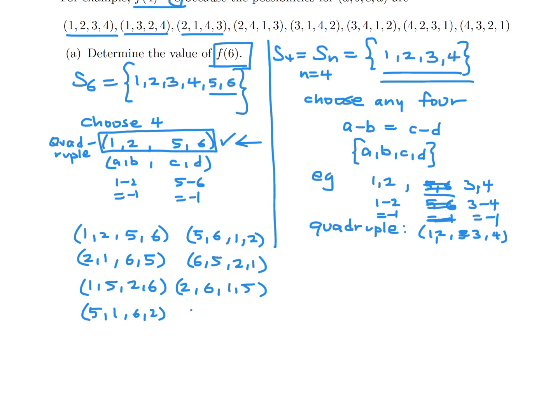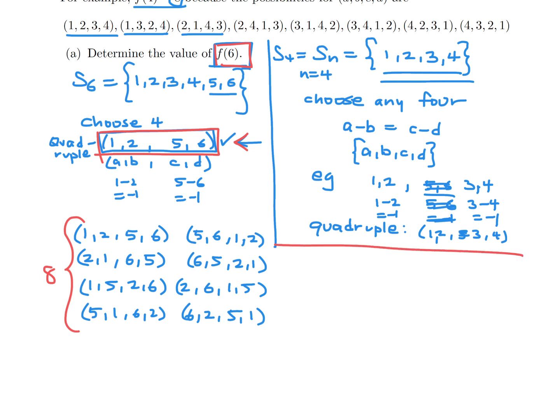And finally, 6, 2, 5, 1. So as you can see, for each original that I created, I can make 8 arrangements. So what we'll do with that is figure out how many originals I can make. I made 1 original there, and then multiply the originals by 8.